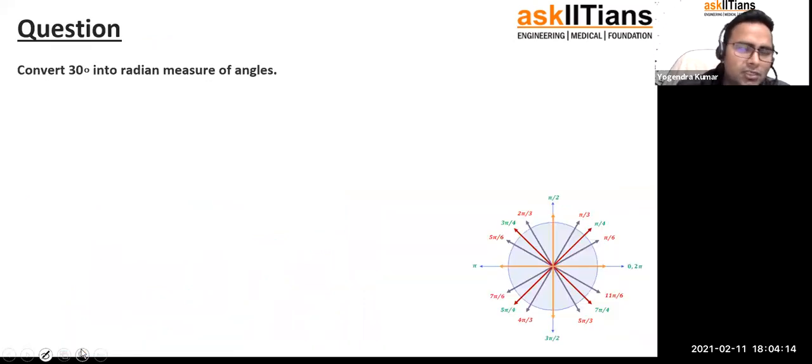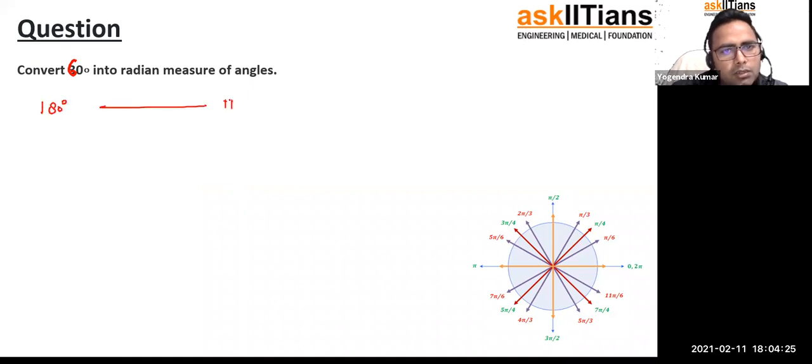Let's change the question to 60 degrees. Let's say we need to convert 60 degrees into radians. So 180 degrees is pi radians. So 1 degree will be pi by 180 radians.